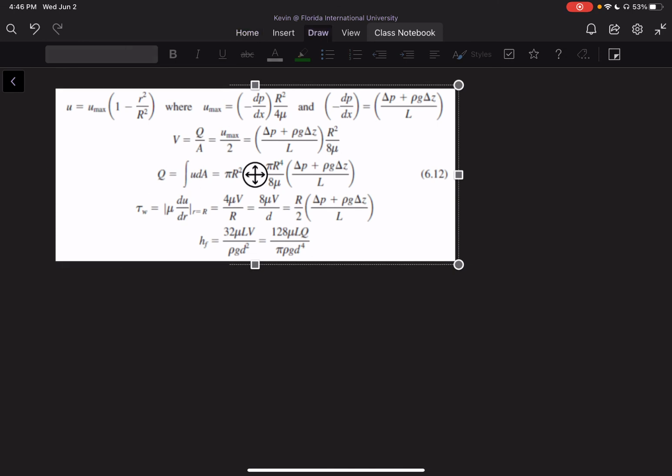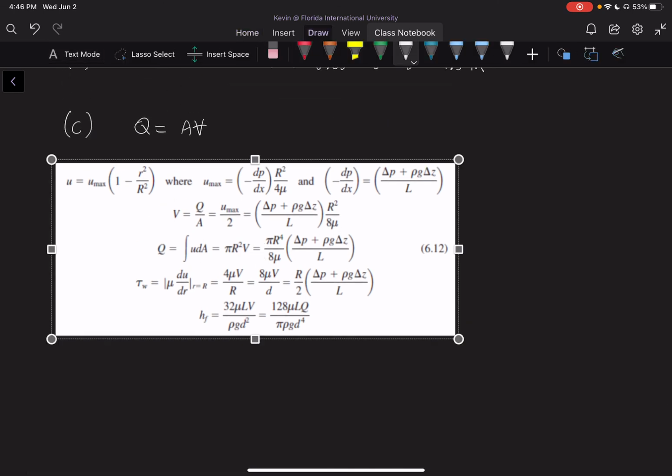So we can either use this equation to find Q. We have all the values, we just have to plug in delta P plus rho GZ over L. Now the other thing we can use, since we have found HF, is this equation right here. So we can use this equation and rearrange it if we want to.